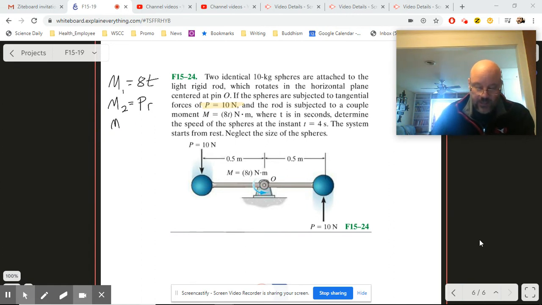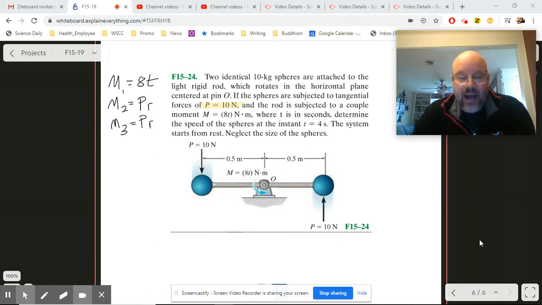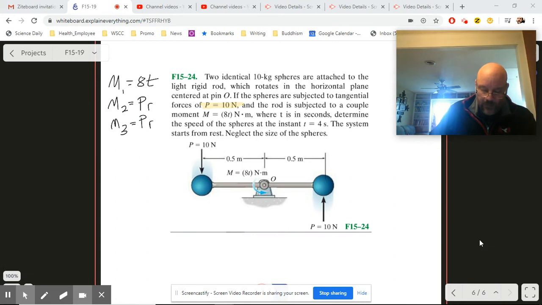And of course, we've got M3, which is also a PR. And they happen to be working in tandem, working together with each other. So our total moment is PR plus PR, and then the shaft, which is providing 8T. So we end up with a total moment, which is going to be 8T plus 2PR.